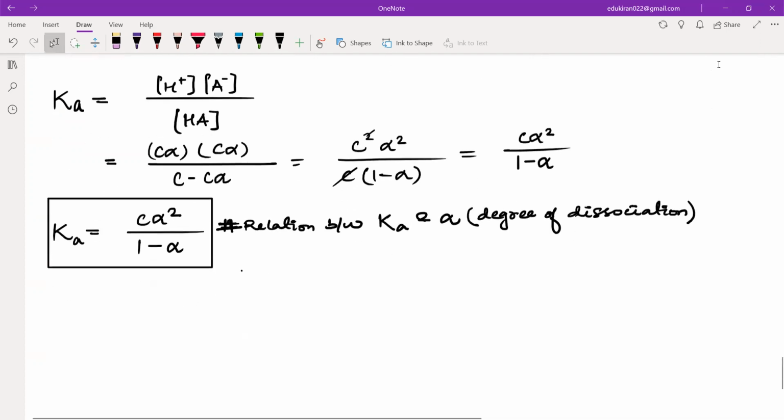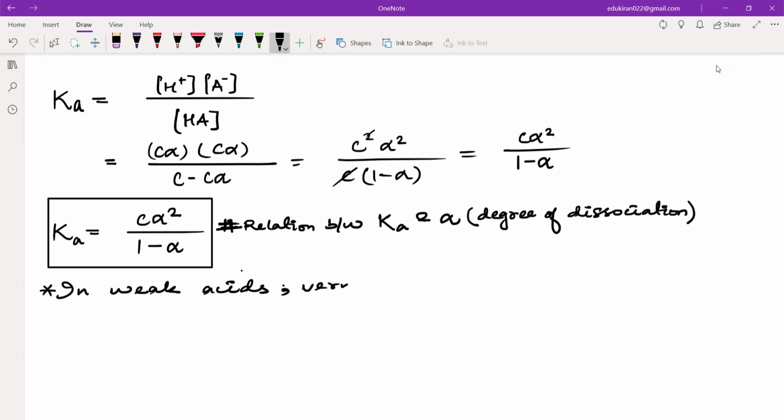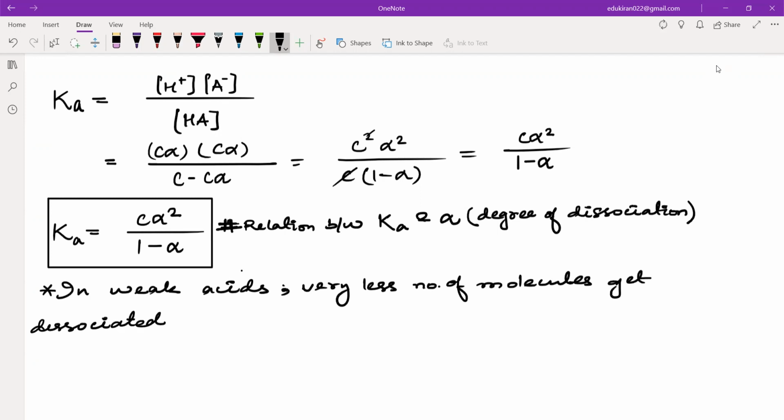Okay, now for weak acids, very less number of molecules get dissociated. Therefore, alpha is very, very less than 1.